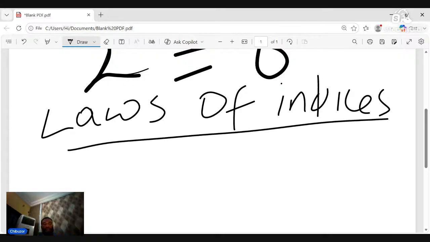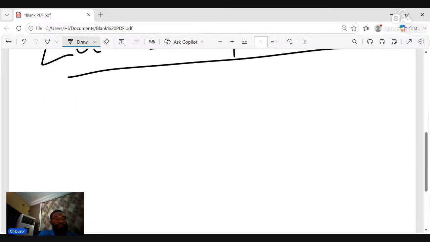So let's have a recap of the laws of indices. For the first law, we have the multiplication law.